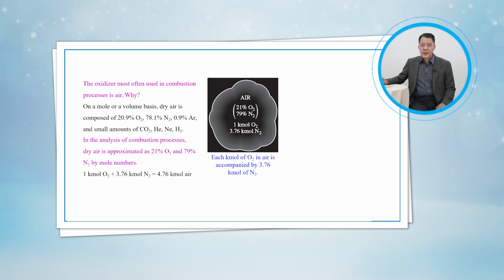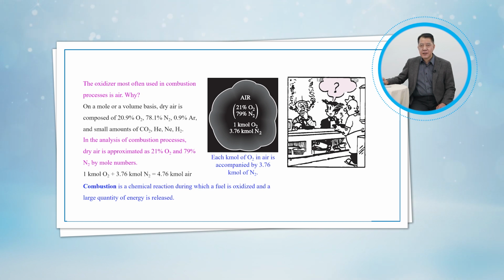Therefore, each mole of oxygen entering a combustion chamber is accompanied by 3.76 moles of nitrogen. A chemical reaction during which a fuel is oxidized and a large quantity of energy is released is called combustion.